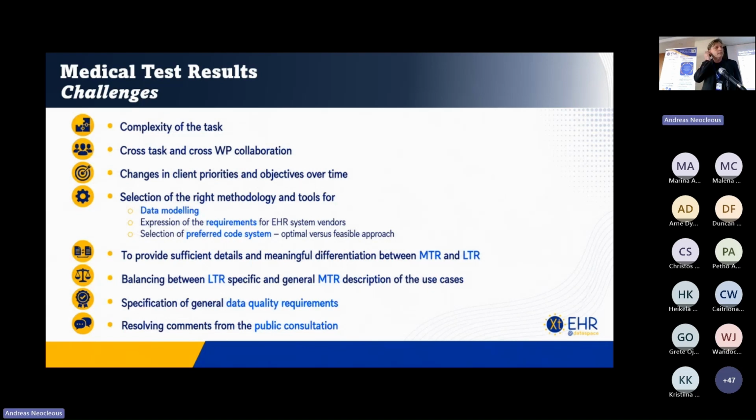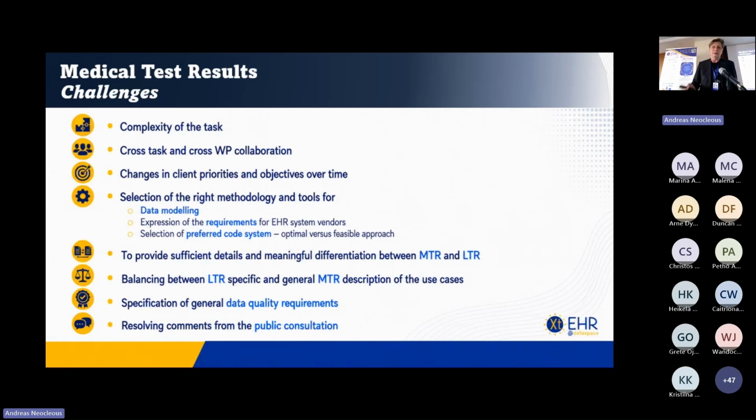One of the feedbacks that we have received was, please specify clearly the differentiation between medical test results and laboratory test results. We've spent quite a lot of discussions around that, because we see very much similarities between those two.